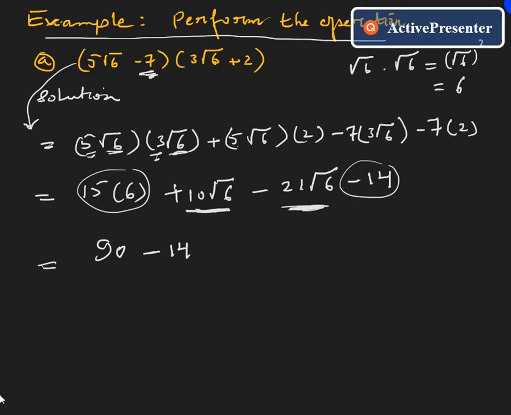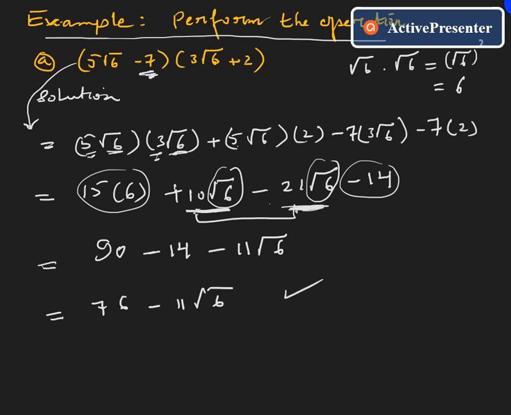Using the distributive property, 10 minus 21 should be minus 11 square root of 6. We combined like radicals using the distributive property. Then this is equal to 76 minus 11 multiplied square root of 6, and we are done.